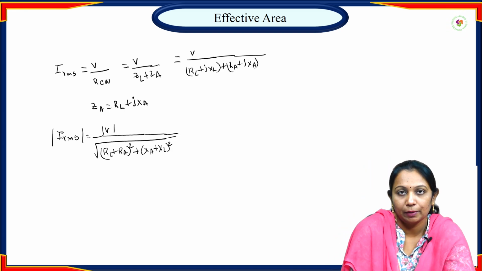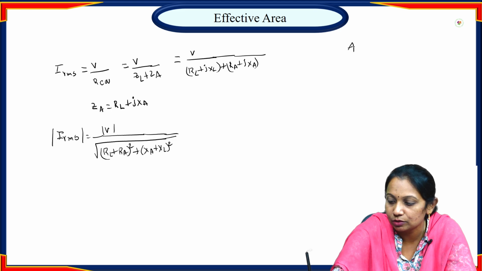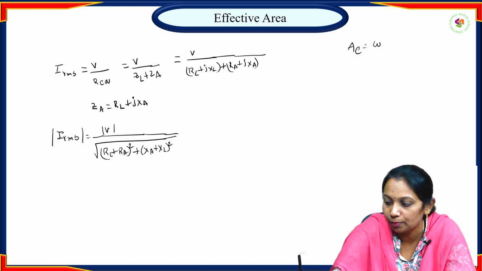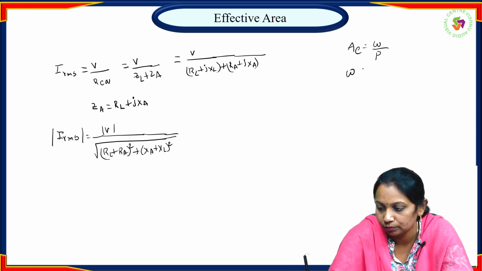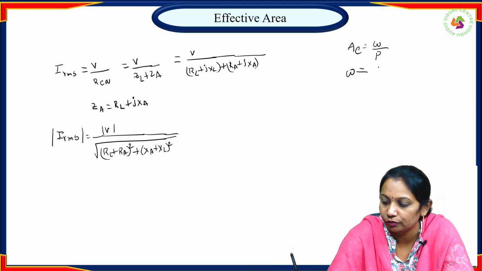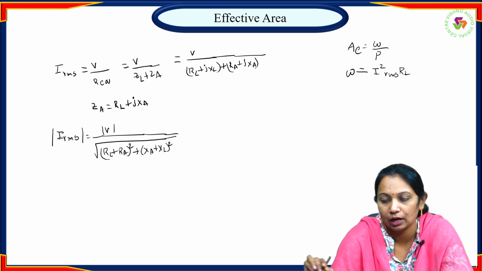So this is nothing but I RMS. But we need the expression for AE. So it is equal to W by P. This is the expression where W is equal to I square RMS into RL.